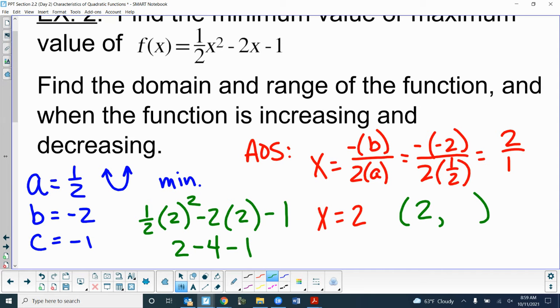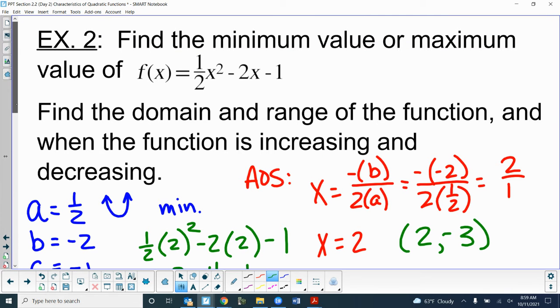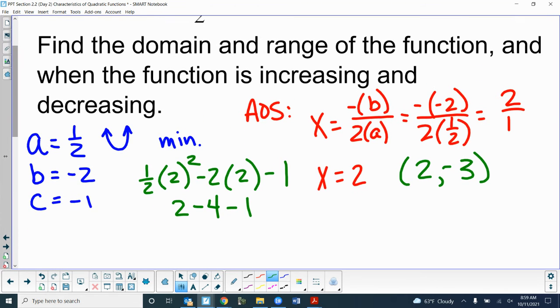Minus 1? -3. Okay? So, find the min or maximum value. What's our minimum value? -3. It's just the y value of the vertex.